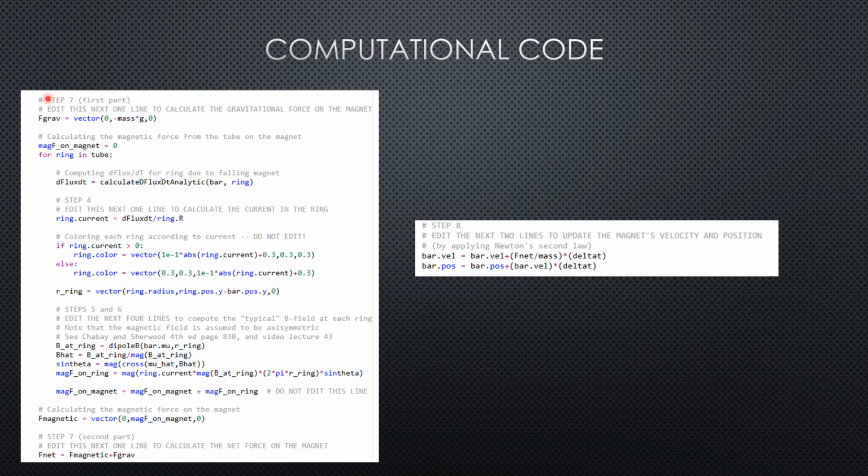And then from here, I got the gravitational force, and this section right here calculates the magnetic force from the tube to the magnet, and this section calculates the B field, and this one is the net force of the magnetic field plus the gravitational field. And this function is Newton's second and third law being applied.